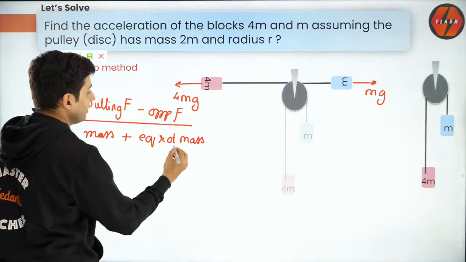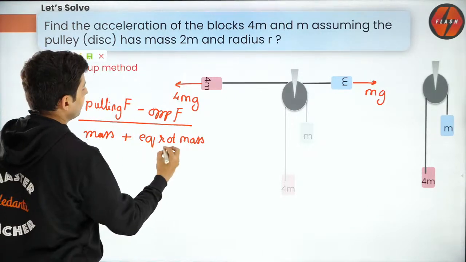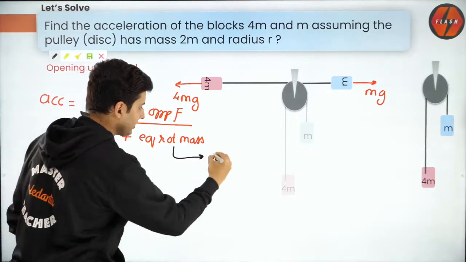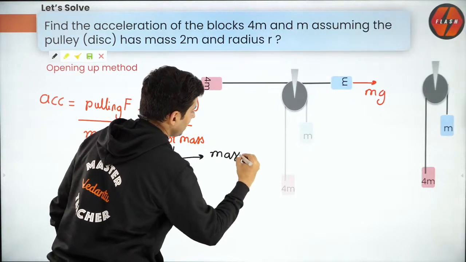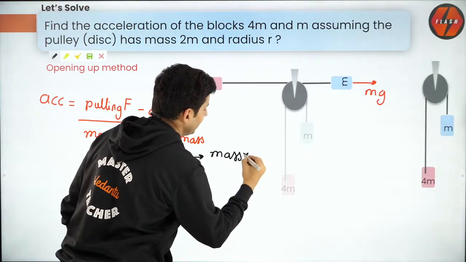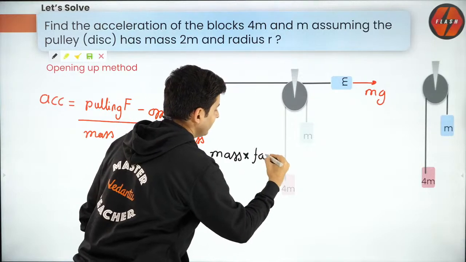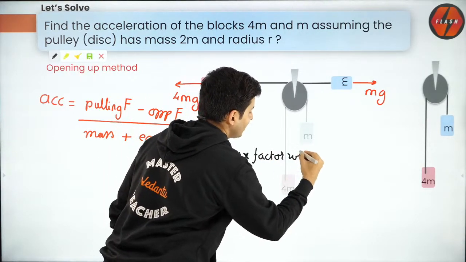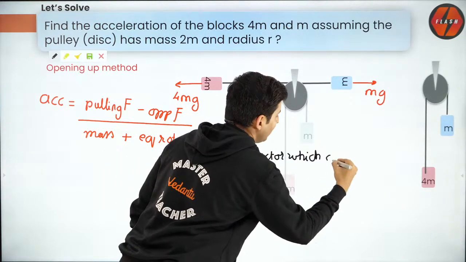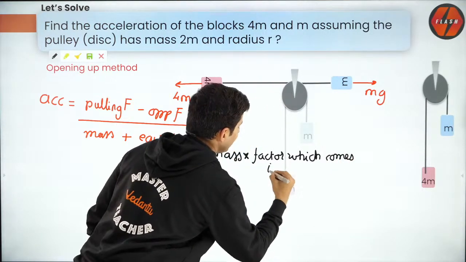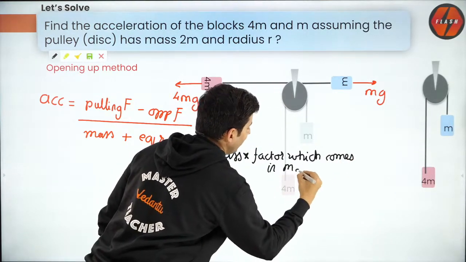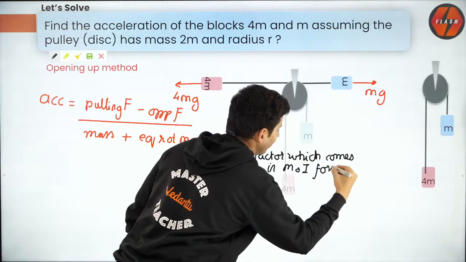Now what is this equivalent rotating mass? Here is the answer. This equivalent rotating mass is the mass multiplied by that factor which comes in the moment of inertia formula.